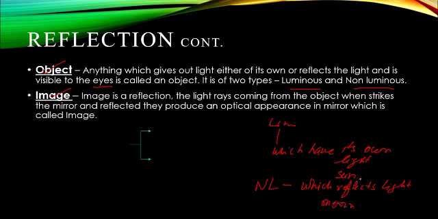So here you can give the example of the sun, here you can give the example of a bulb or tube light. These are all luminous objects because they glow, they have their own light. And non-luminous, you can say moon, chair, table, they reflect the light of the bulb, sun, tube light. So they are non-luminous objects. So students, you might be clear about luminous object and non-luminous object.